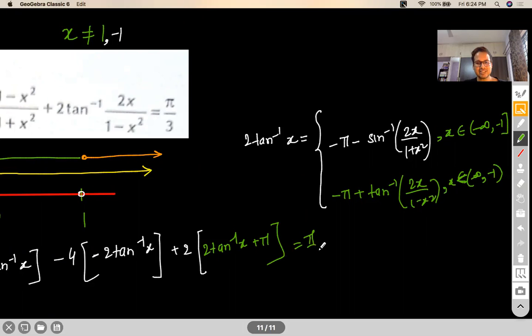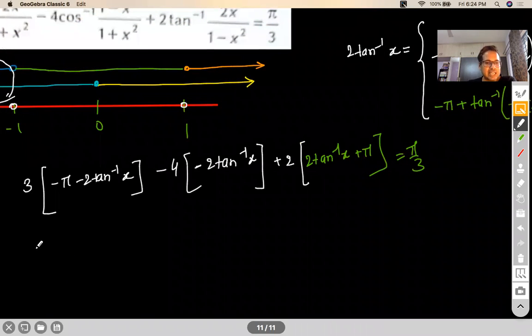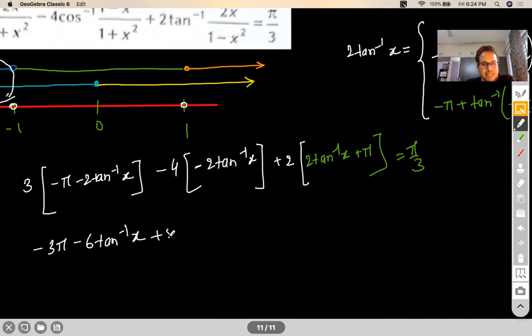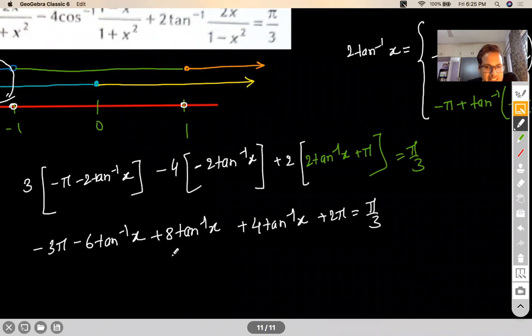So you are solving this equation. Now, if I open this expression up, I'll end up getting -3 pi minus 6 tan inverse x, plus 8 tan inverse x, and 4 tan inverse x plus 2 pi, equal to pi by 3. On solving this, if I'm not mistaken, this gives 6 tan inverse x, and these terms will cancel out to give you a minus pi.